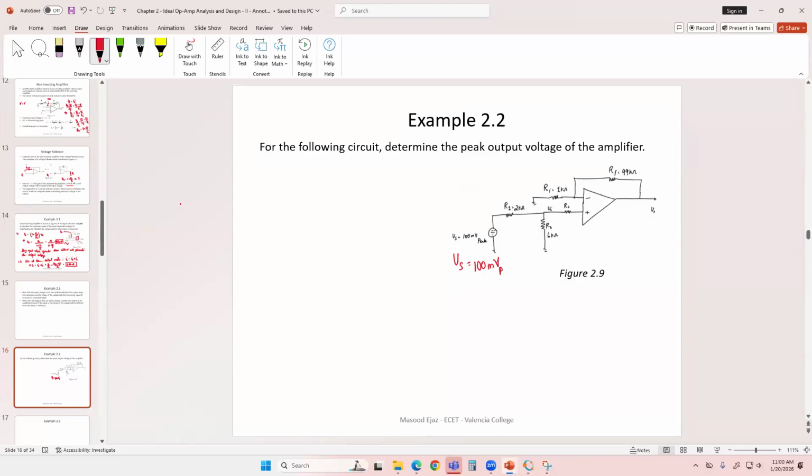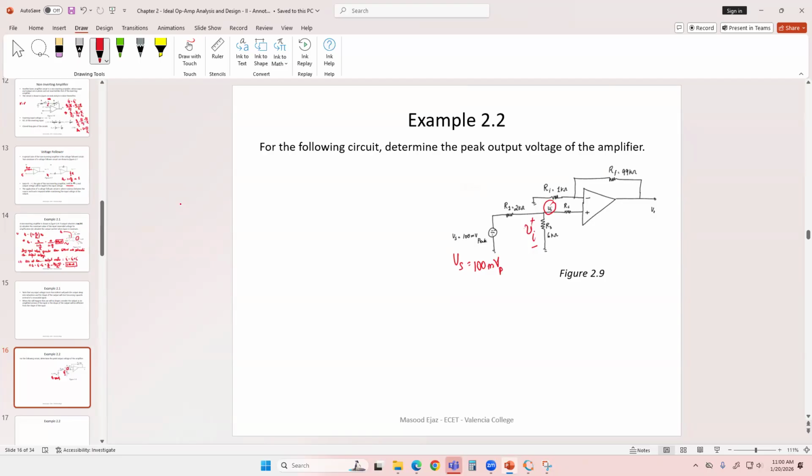But observe that Vs is not applied at the non-inverting input. The voltage that is applied at the non-inverting input is Vi, as you can see over here, which is the voltage across this resistor. That's what's applied at the input.